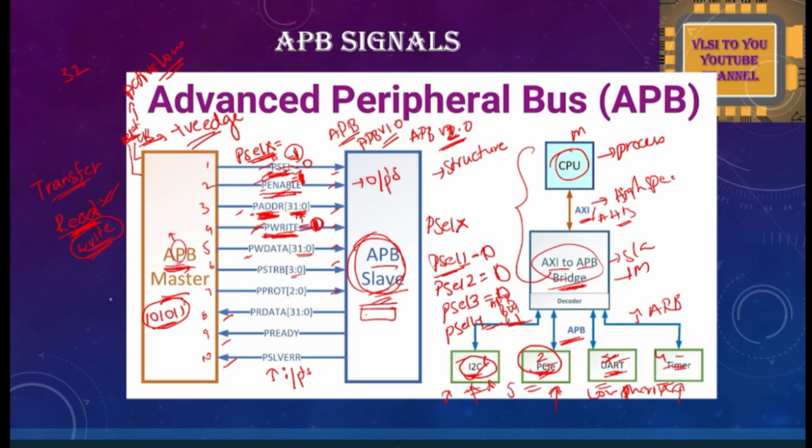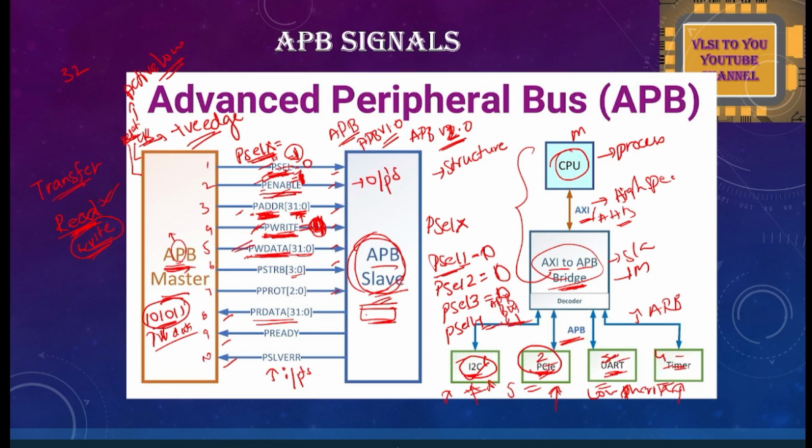So this is my PWDATA, the data I want to write into the slave. PWDATA is driven only when P write is 1. If P write is 0, then you go for PRDATA, which is P read data. So this is about P write and PWDATA.